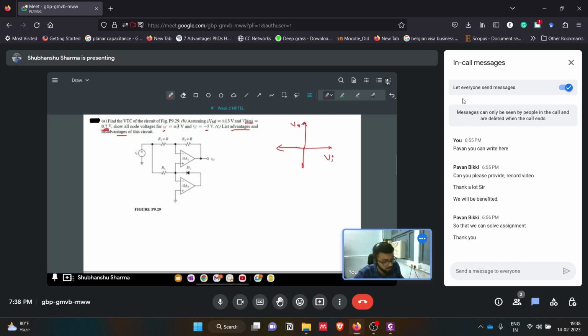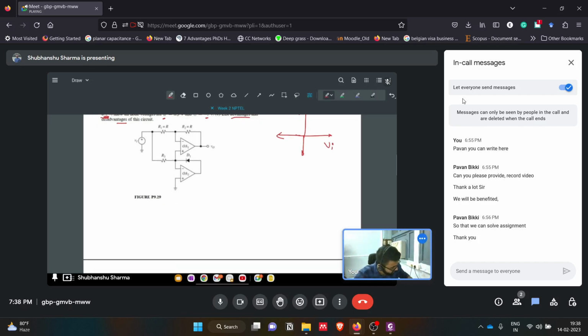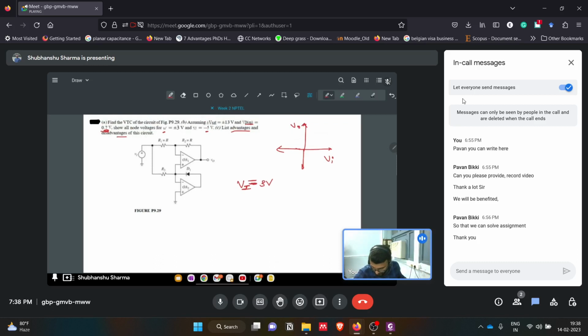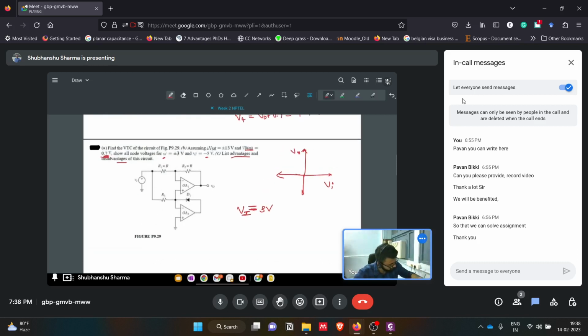So we will analyze it for VI equal to 3 volts, and we know the VDCM is this. Let's say VI is 3 volts. So this is positive, 3 volts, and this is 0 volts again.